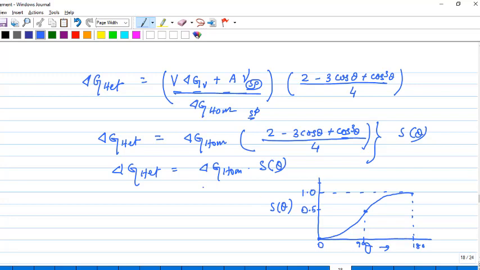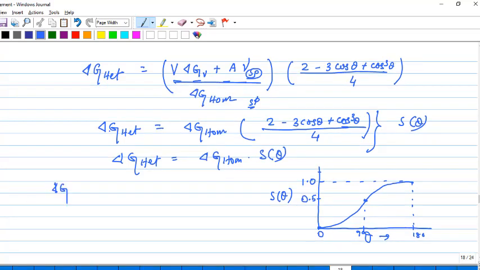Right? So from here, we also need to calculate what is the energy barrier for the heterogeneous nucleation, that is the critical free energy change for the heterogeneous case. Okay. So following a similar approach of setting d delta G by dr equal to 0, we can find out delta G star heterogeneous as this.